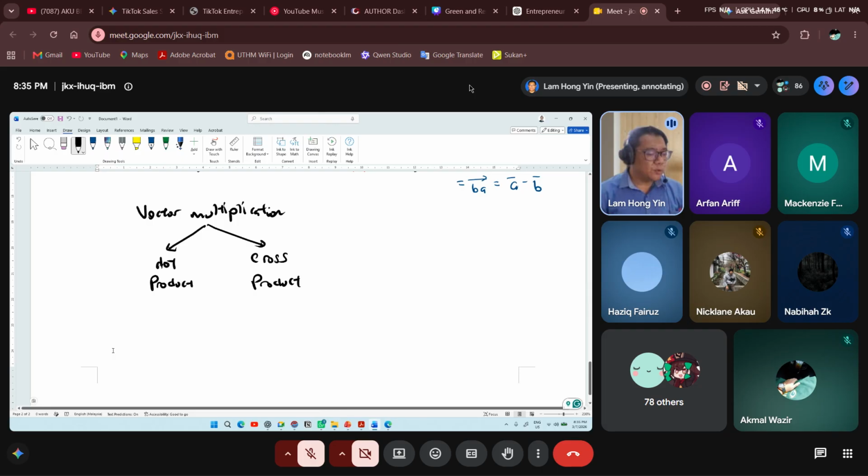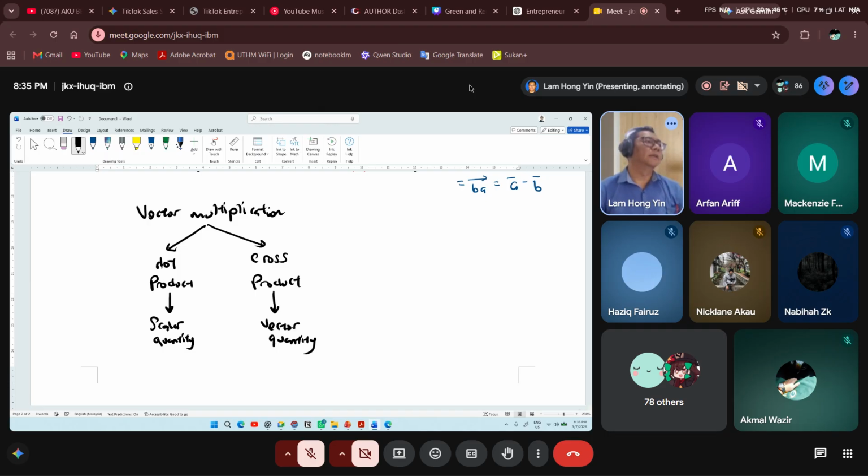The dot product produces a scalar quantity, and the cross product produces a vector quantity. So these are the two things.